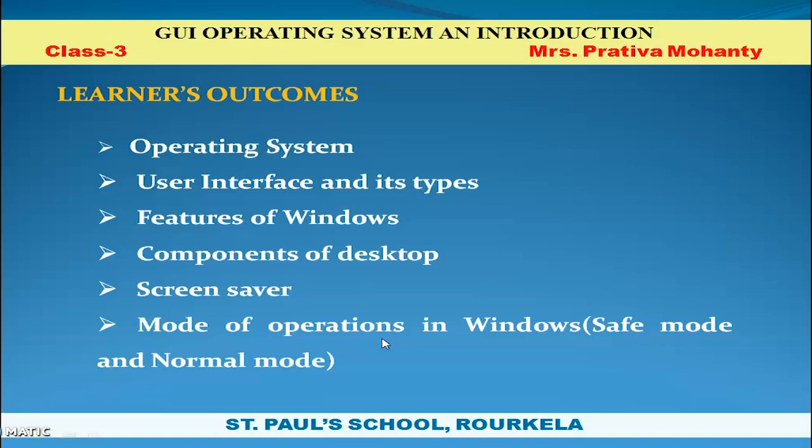Like that, a computer is also made of different parts like keyboard, monitor, mouse, CPU, and each part does different kinds of work. Keyboard is used for typing, monitor is used for showing things, mouse is used to select things, CPU is used for processing.